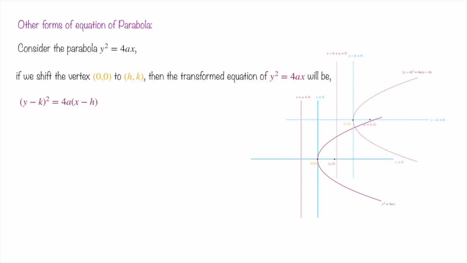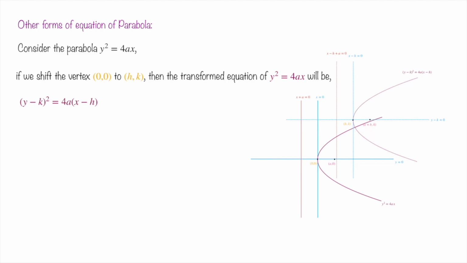Okay, this dotted parabola whose equation will be y minus k whole square equal to 4a times x minus h. Okay, now for this parabola, axis is going to be this y minus k equal to 0 horizontal line, which is parallel to x axis, and vertex is going to be h comma k, and the focus is going to be a plus h comma k.